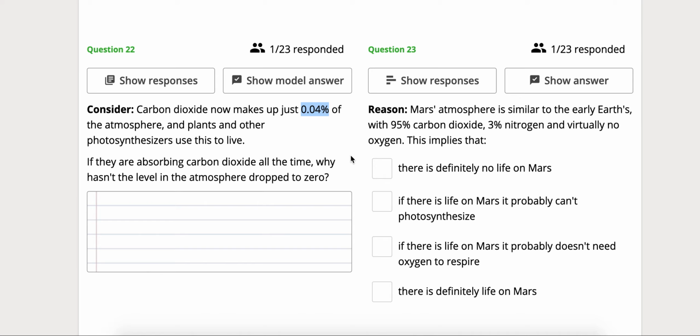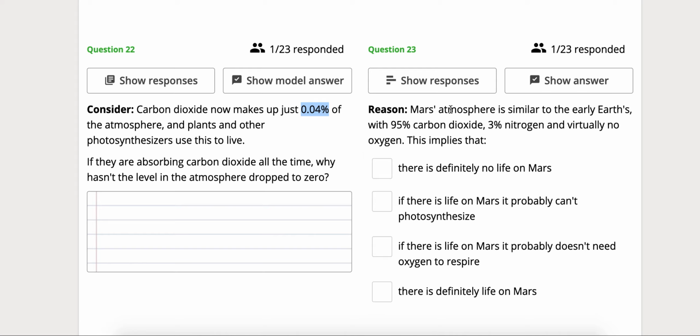So respiration by both plants and animals, for example, returns carbon dioxide back into the atmosphere, and so does our industrial combustion. For example, you've got big energy plants, human burning of forests for natural forest fires, and definitely the burning of our fossil fuels.